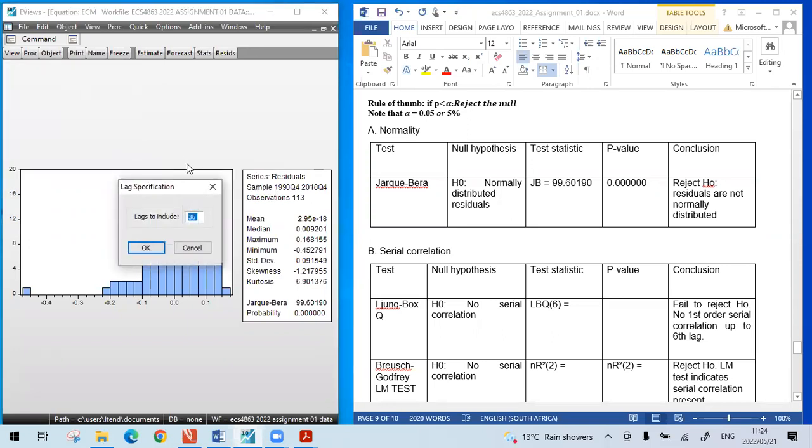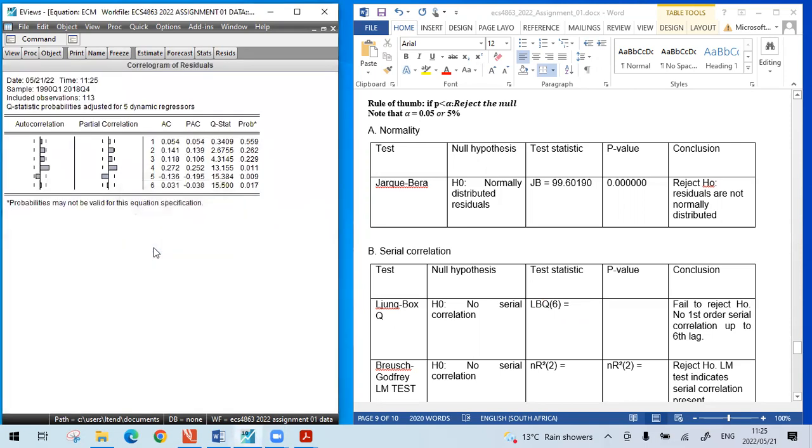If you look at this one, we need to give it some lags there. Usually, we test for serial correlation up to the 6th lag. When I click there, it's showing me 36, but what I usually want is up to the 6th lag. So I have to change here and put 6.